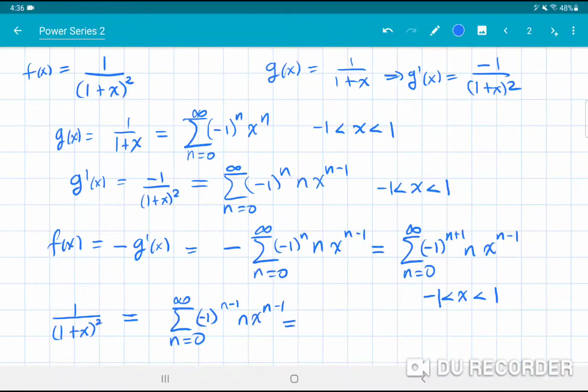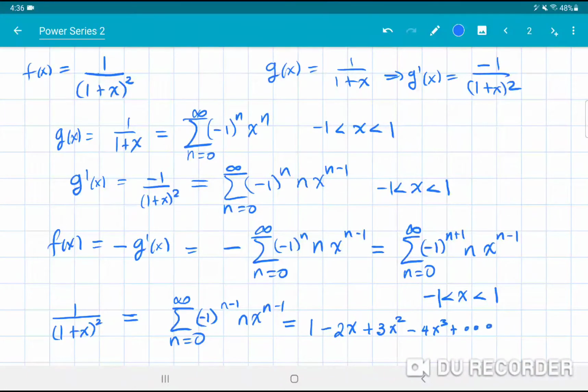So if you expand this, when n is 0, that will be 0. When n is 1, you get 1 minus 2x plus 3x squared minus 4x cubed.